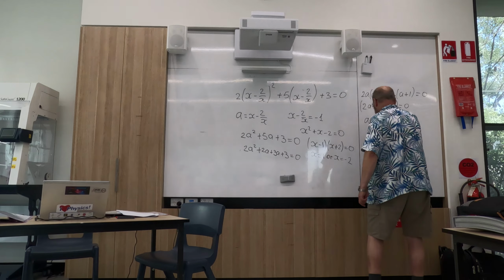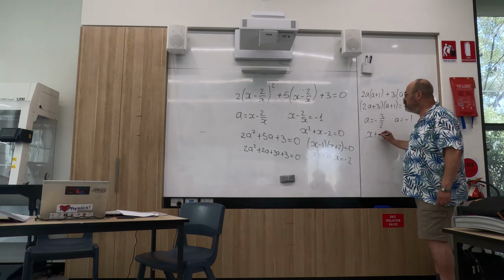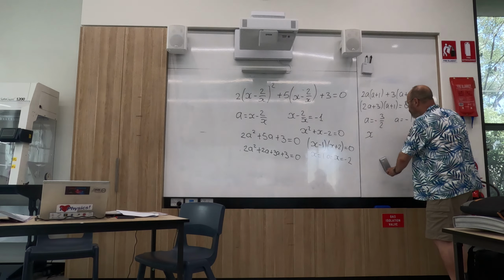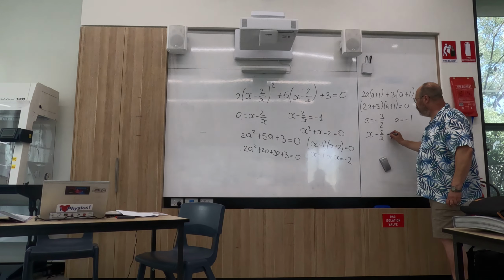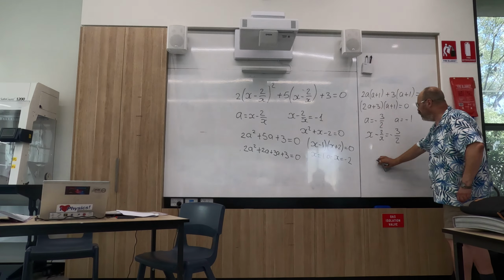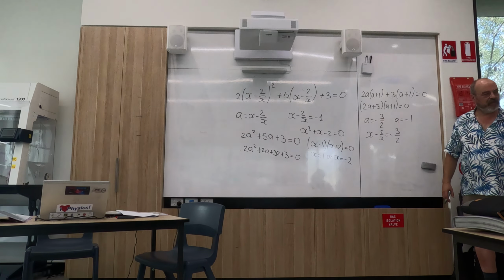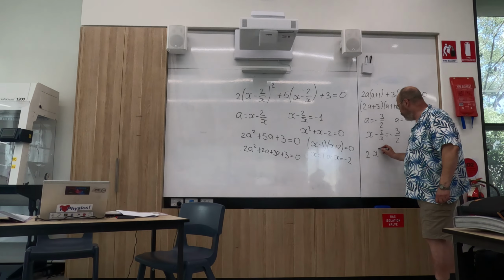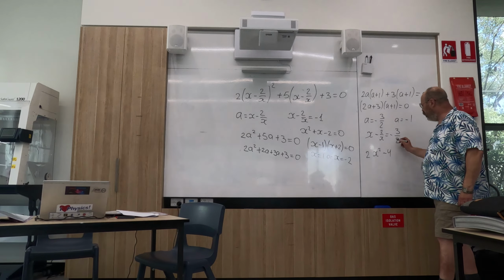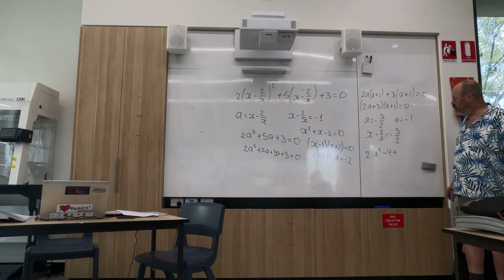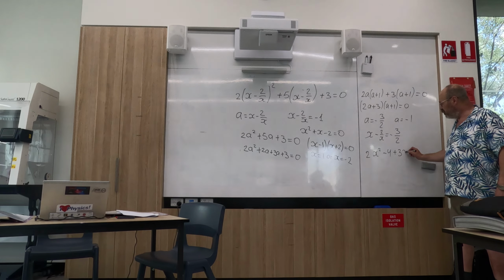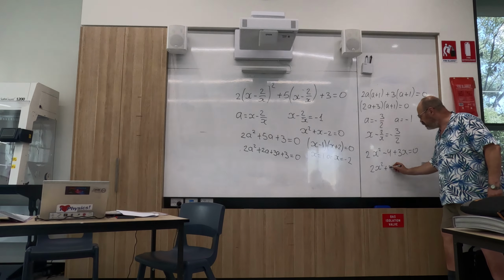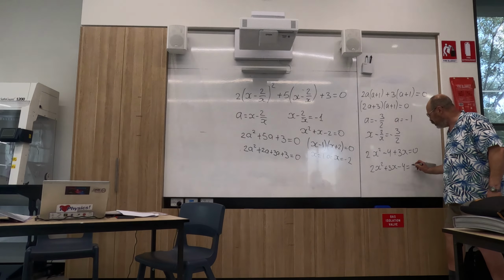And for the next one, we have x minus 2 over x equals negative 3 over 2. We multiply both sides by 2x, we get 2x squared minus 4 plus 3x equals 0. So we have 2x squared plus 3x minus 4 equals 0.